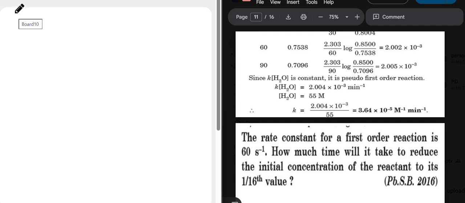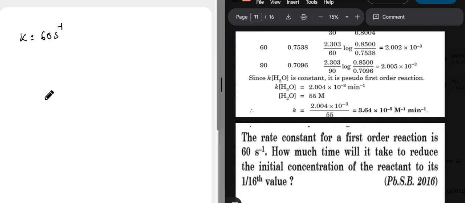Now next question, the rate constant for a first order reaction is K equal to 60 per second. Again first order. How much time will it take to reduce, time only we want to calculate, the initial concentration of the reactant to its 1/16th value? Here I chose a similar pattern question, but here they are not telling that 1/16th is reacted.